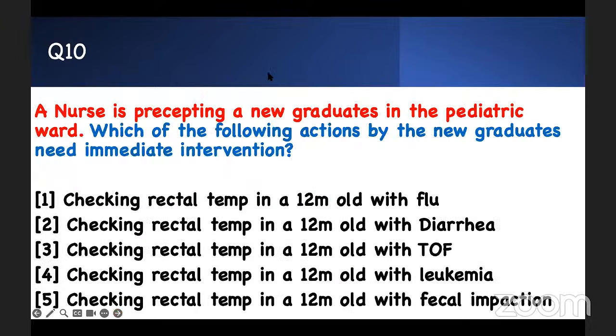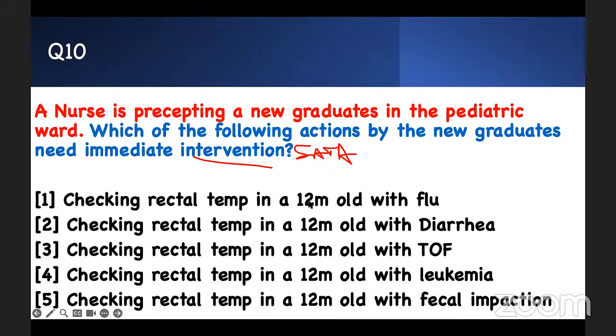And the last one. This is just to give you a concept you should know. This is a select or apply. Which of the following actions by the new graduate need immediate intervention? A nurse is precepting a new graduate in the pediatric ward. Which of the following actions by the new graduate need immediate intervention?